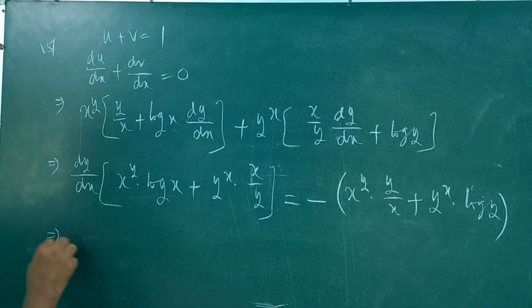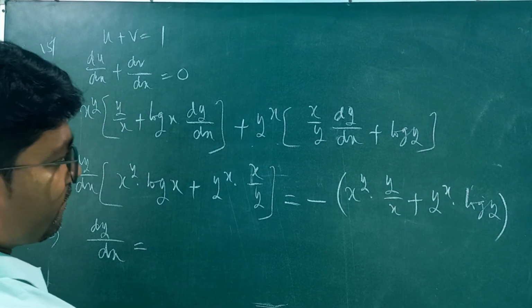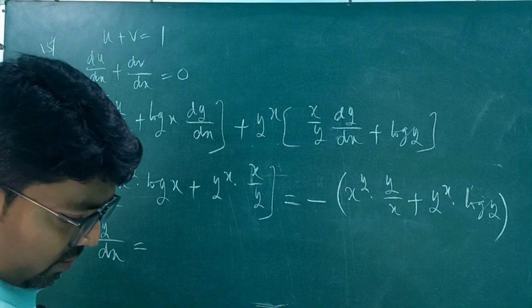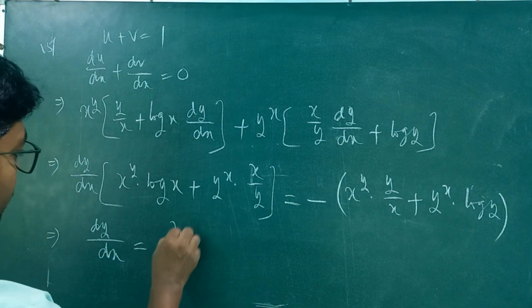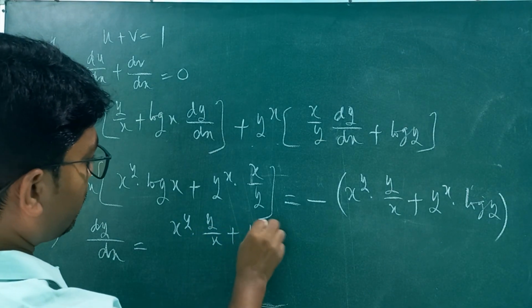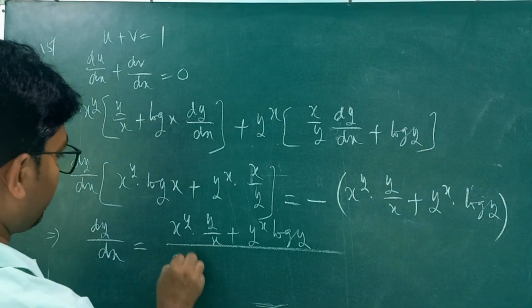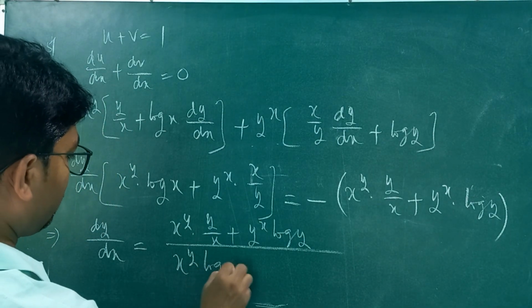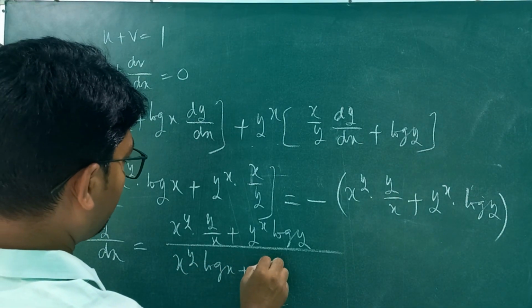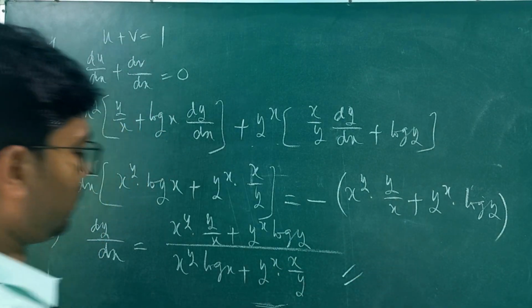So our derivative is, just write the structure in this way: minus x to the power y, y by x, plus y to the power x log y, divided by x to the power y log x plus y to the power x, x by y. This one is our result.